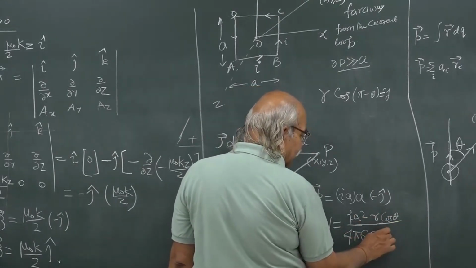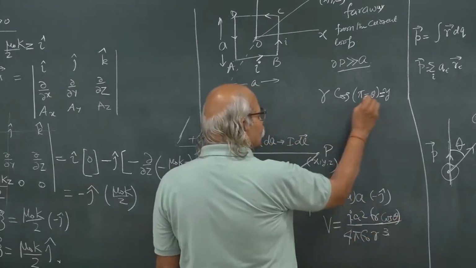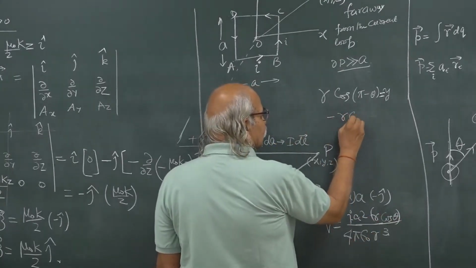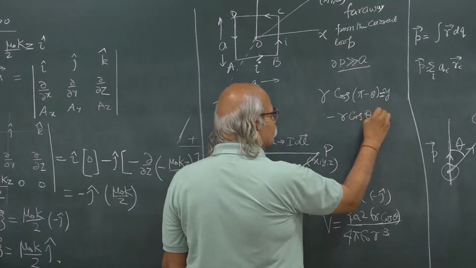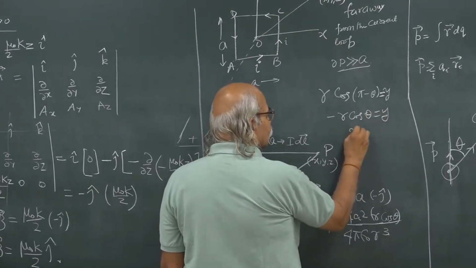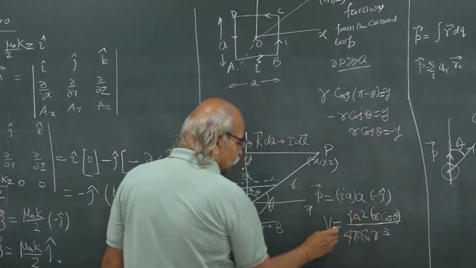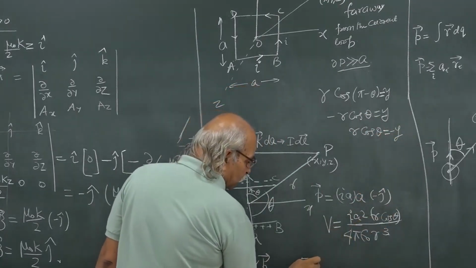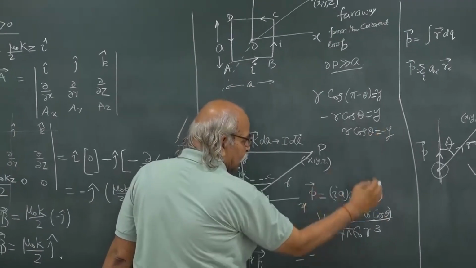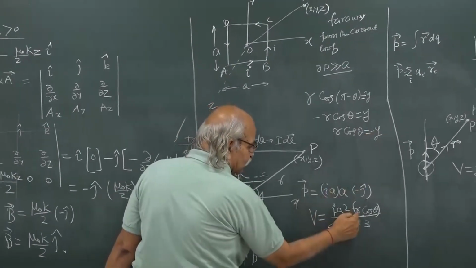This is now minus r cos theta, which is y, and therefore, r cos theta is minus y. So, this is equal to minus y here.